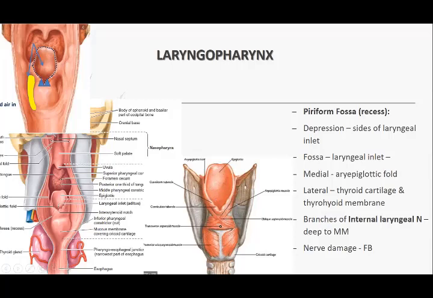This is its importance, very important from your practical point of view, from the examination point of view. The piriform fossa is everyone's favorite.